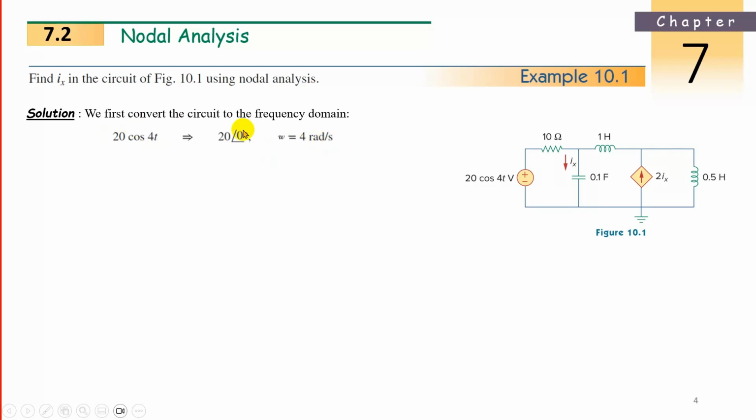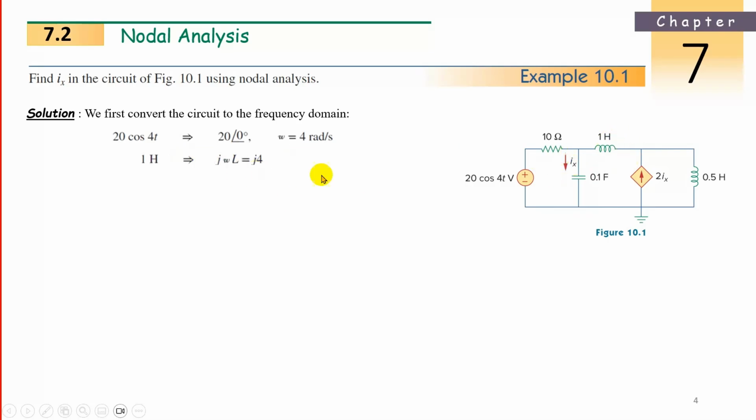This is the first conversion. Next, the conversion of each element. Resistance: if you want to convert the resistance R into phasor or time domain, both are the same. It is a real part. Now convert this inductance, 1 Henry.